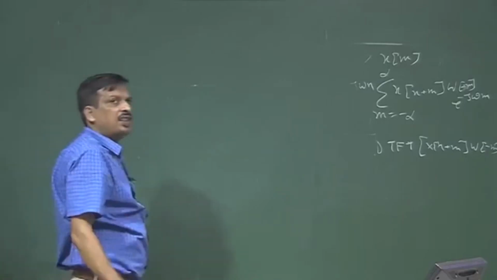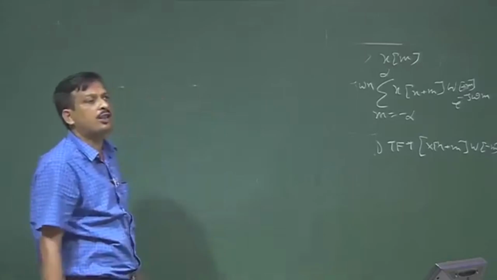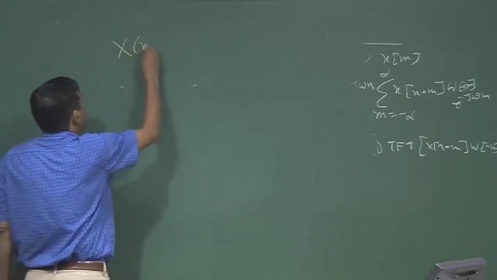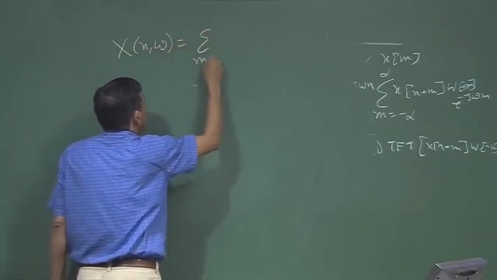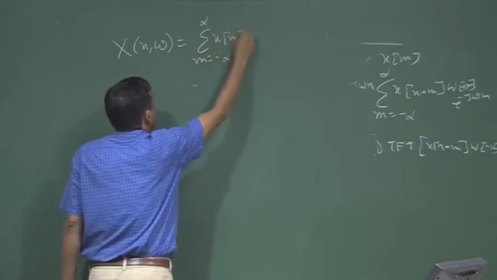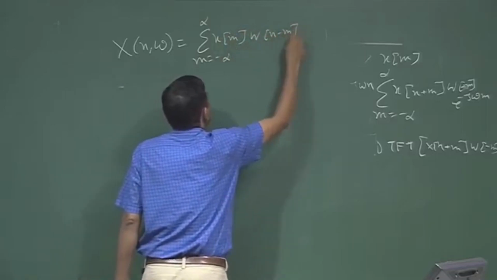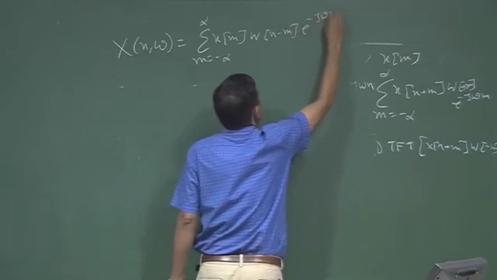So, STFT analysis with the DFT view, the discrete Fourier transform view. x of n omega, where omega is continuous, is nothing but the sum over m equal to minus infinity to infinity of x of m w n minus m e to the power minus j omega m.